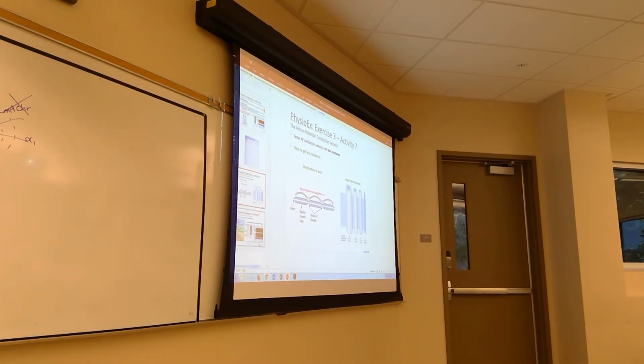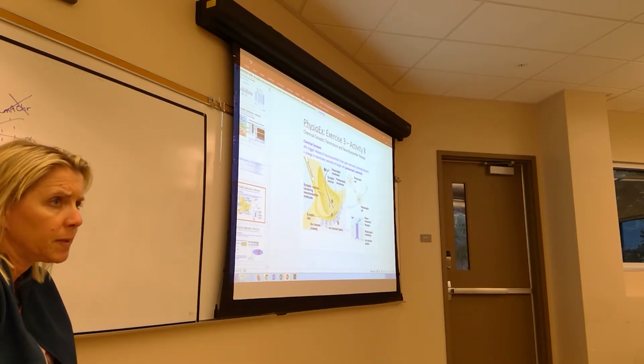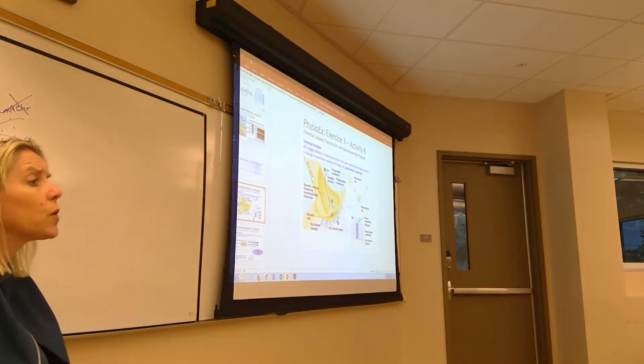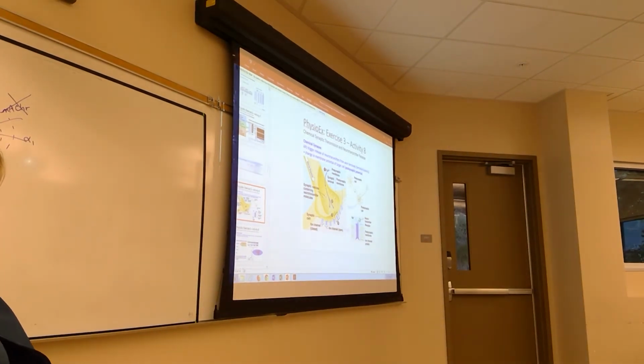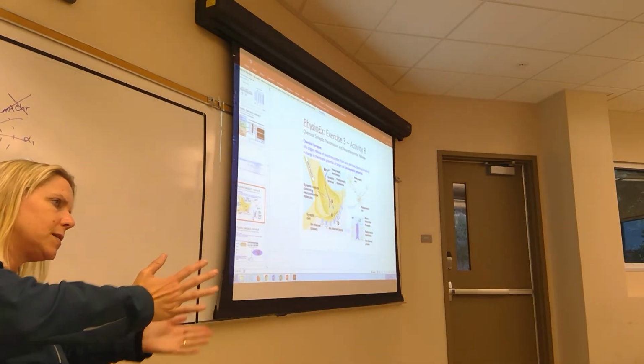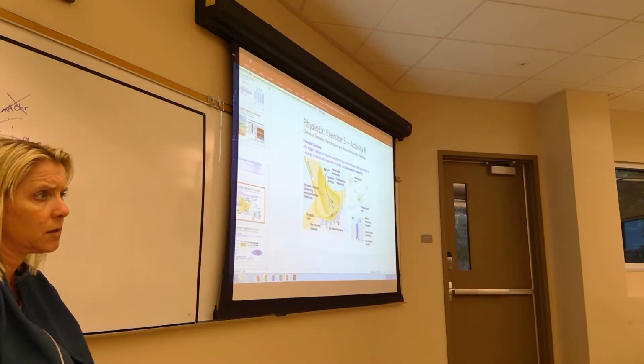Then in activity 8, we're at the terminal bouton. And at the terminal bouton, when the action potential arrives, a different voltage gate opens. Calcium voltage-gated channels open. Calcium diffuses into the cell, causes the synaptic vesicles to fuse and exocytose the neurotransmitter.